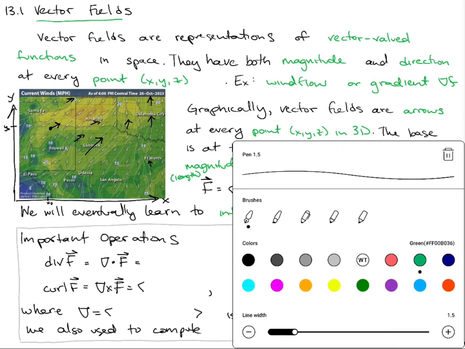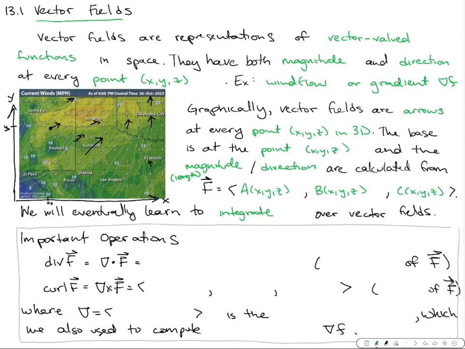The first is denoted by div f, and the way we calculate it is as del dot f, where del is the del operator, which you may or may not remember from working with it earlier in the semester. So div f is del dot f.